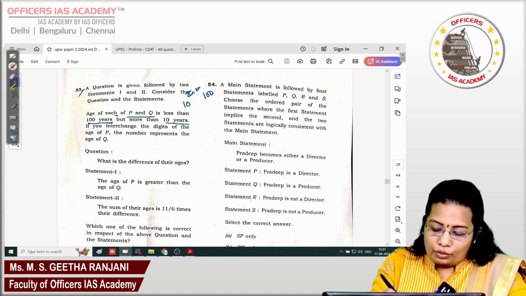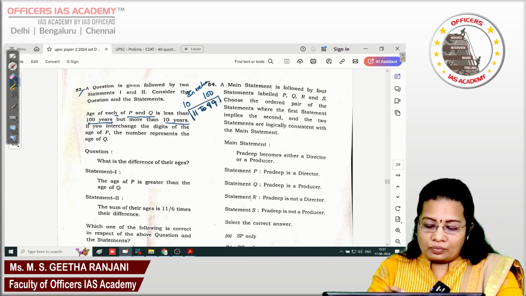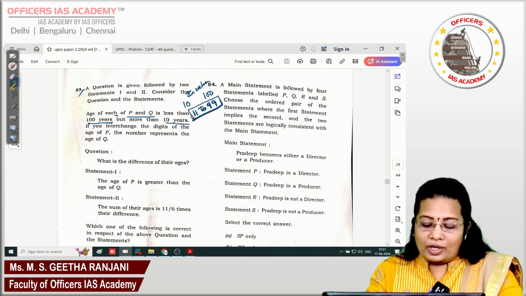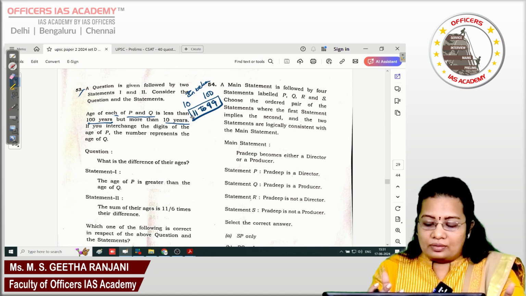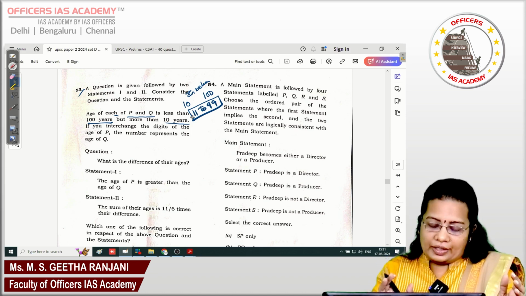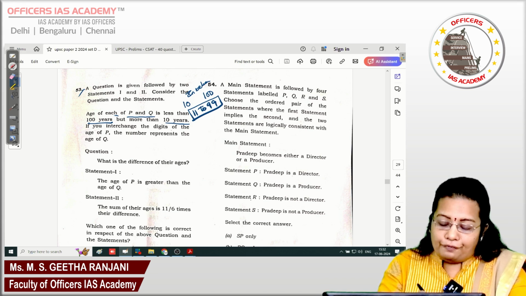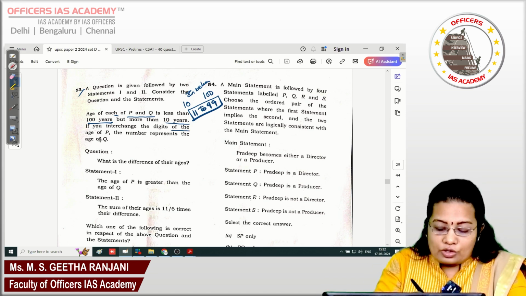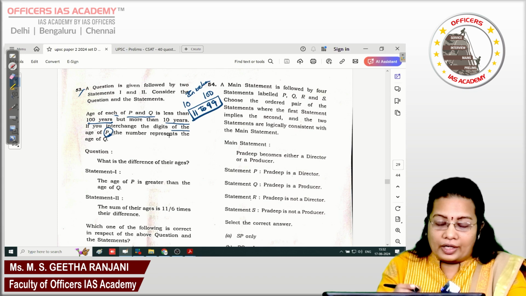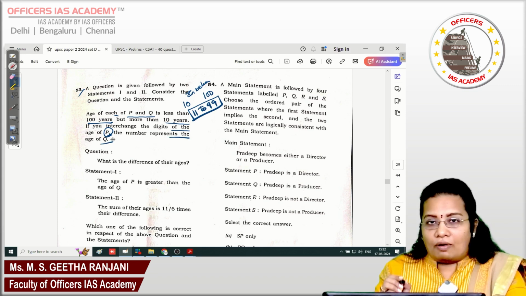They are 11 to 99. Simply stating P and Q age is between 10 to 100 means starting from 11 to 99. They are the possibilities. The next one: if you interchange the digits of the age of P, the number represents the age of Q. What is the difference of their ages?